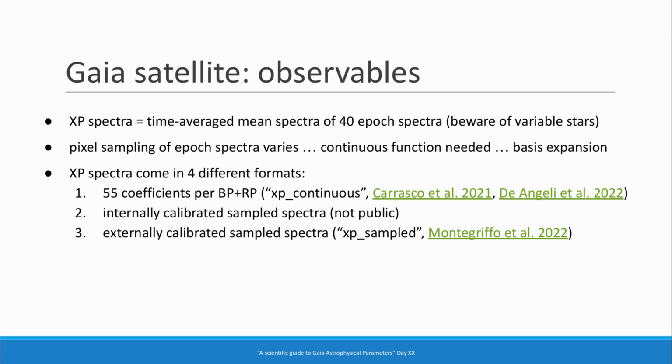And obviously, given that this is a time-averaged mean spectrum, that may not work if you're focusing on variable stars like an RR Lyrae or a Cepheid, where you have substantial variations in the temperature and the other properties of the star. Averaging all the spectra that you have observed over 34 months just doesn't make a lot of sense. But for the vast majority of stars which do not show large-scale variations, that is perfectly fine.